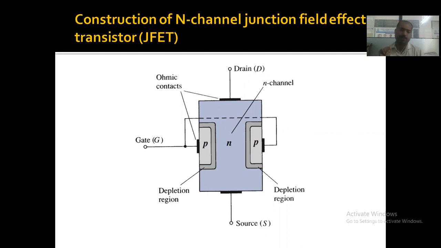Yes, sir. Okay, so we know that a PN junction diode is constructed from either silicon or germanium, right? So silicon has a voltage called the cut-in voltage, right? Means when we apply voltage to the diode, up to 0.7 volt in case of silicon it does not work, right?